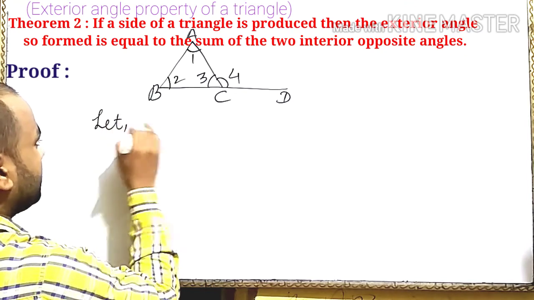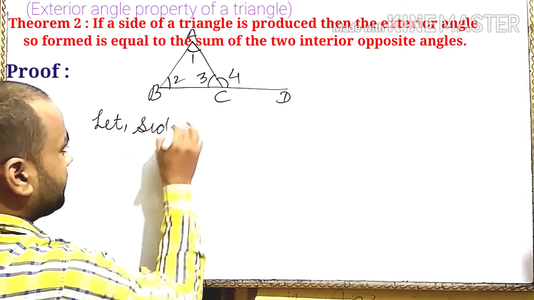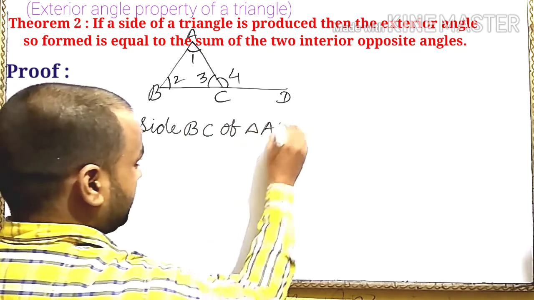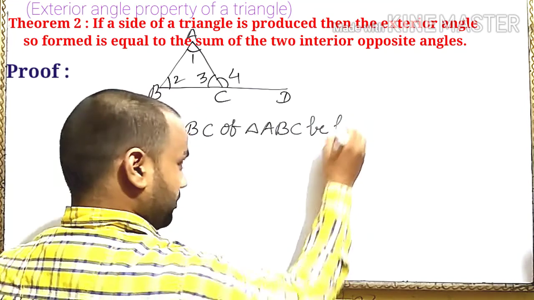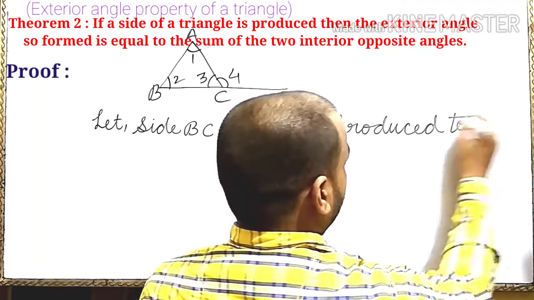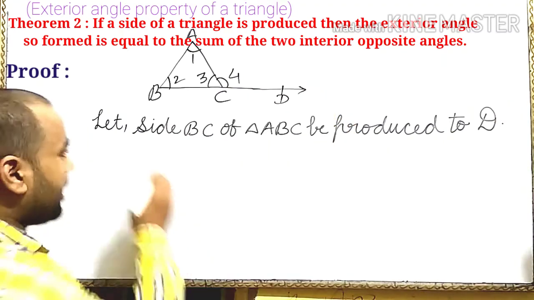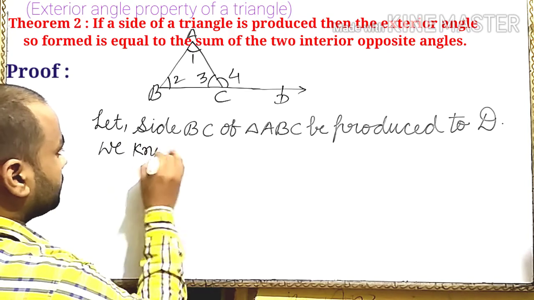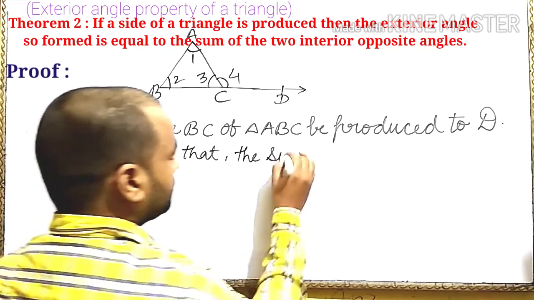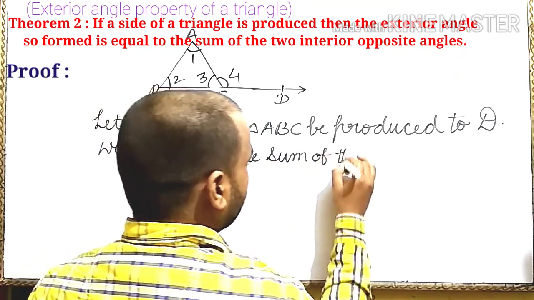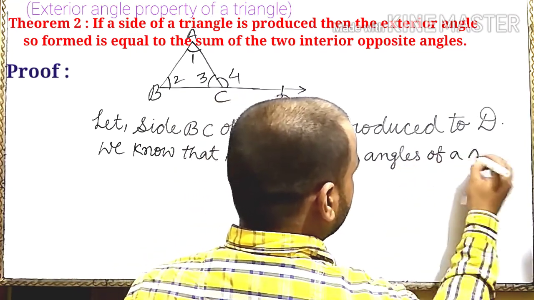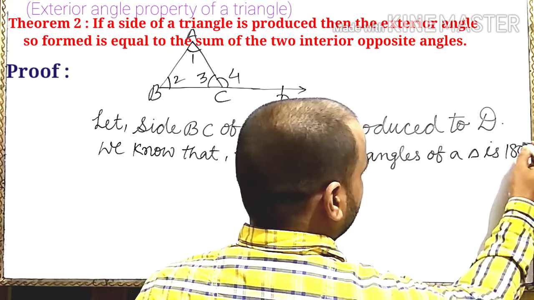Let side BC of a triangle ABC be produced to D. We know that the sum of the angles of a triangle is 180 degrees.